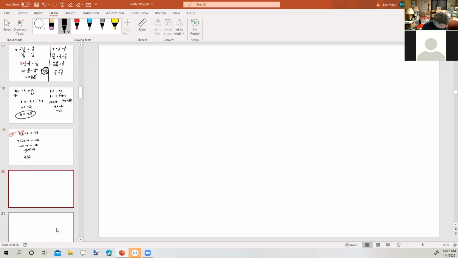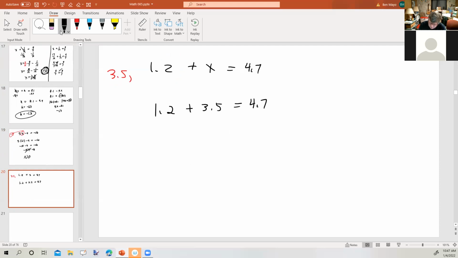Okay, let's take a look at this one. It says 1.2 plus x equals 4.7. And their proposed solution is 3.5. So we'll put 3.5 in the place of the variable x and see if we get a true statement. 1.2 plus 3.5 would be 4.7. 4.7 equals 4.7.